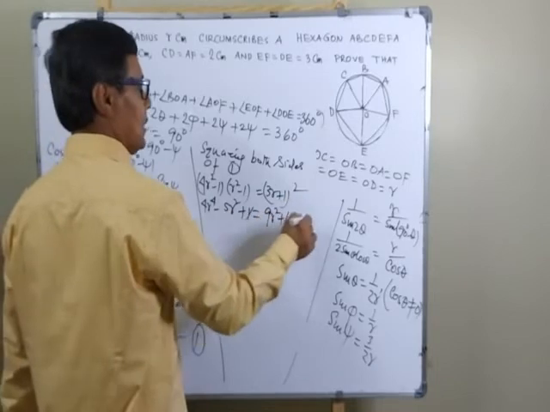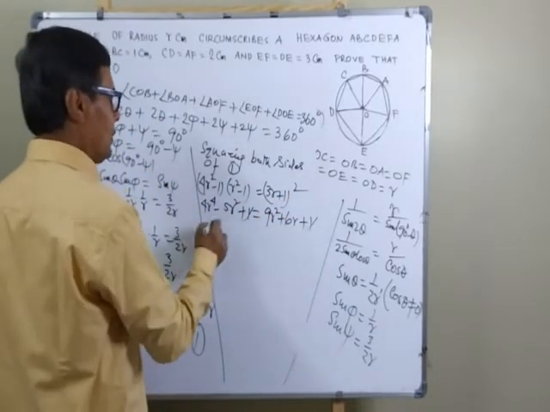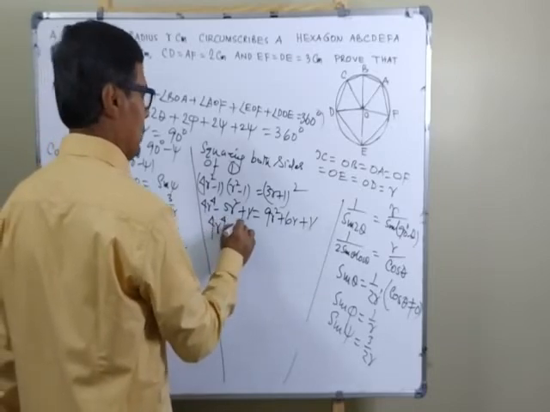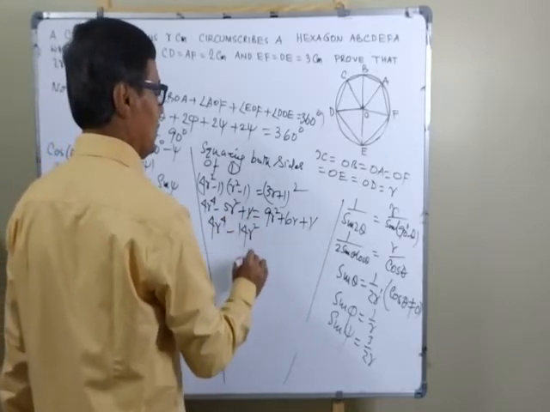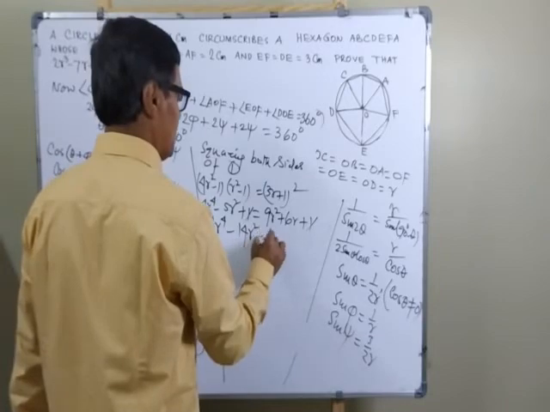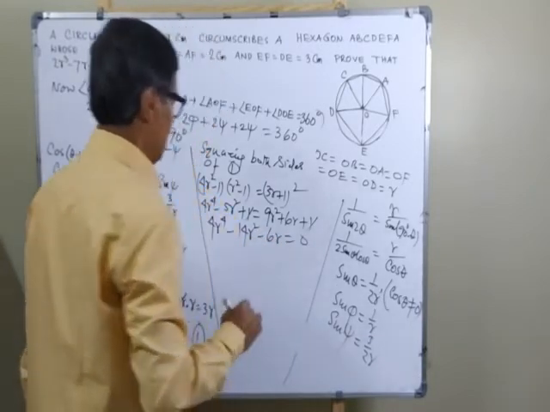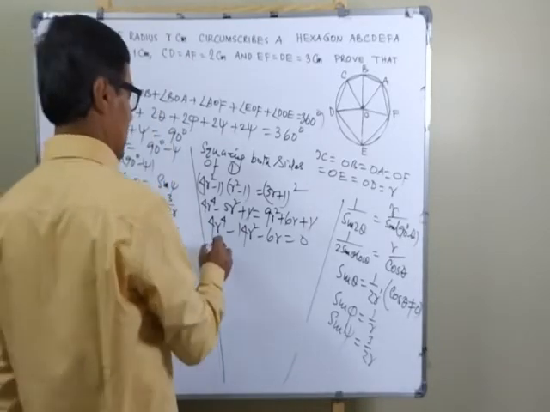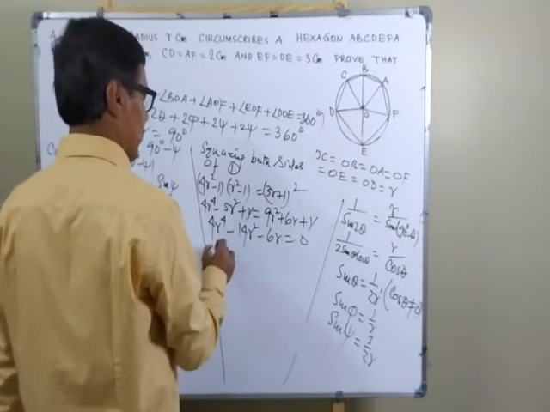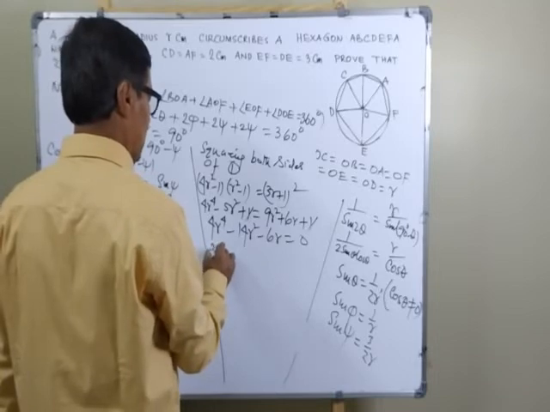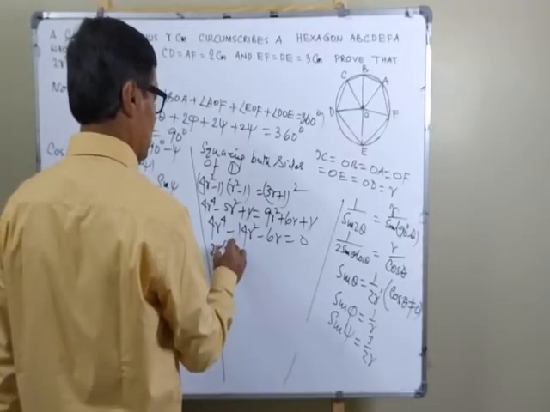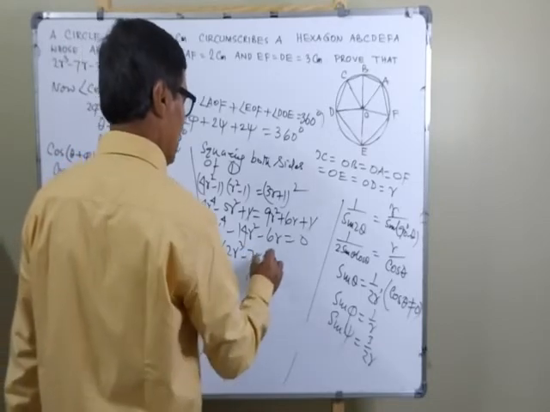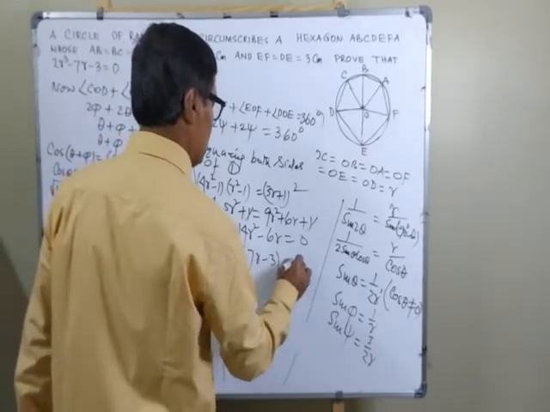These ones are cancelled out, so 4r to the power 4 minus 14r square minus 6r equal to 0. Now we can factorize this expression. After factorization we get 2r multiplied by 2r cube minus 7r minus 3 is equal to 0.